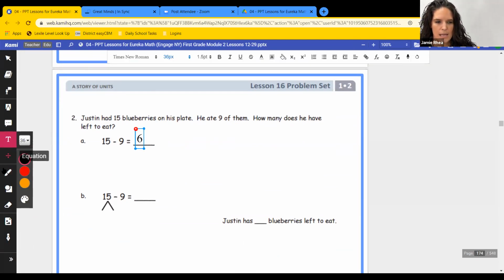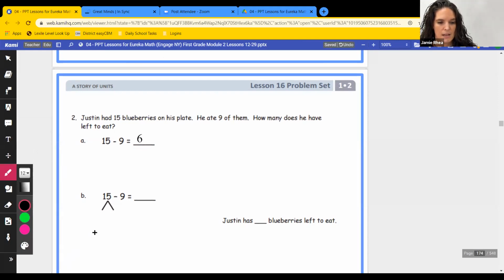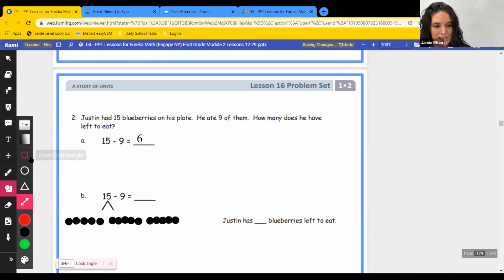All right, now, if I'm going to take from 10 on B, I've got to break 15 into 10 and 5. So let's make 10. Ready? 1, 2, 3, 4, 5, 6, 7, 8, 9, 10. And then 5 more. 1, 2, 3, 4, 5. Now I'll box around it so you can see my 10. Here's my 10.